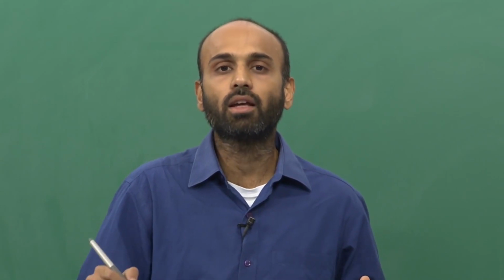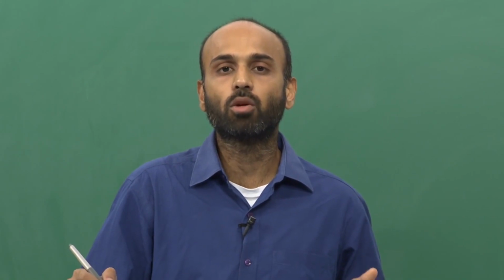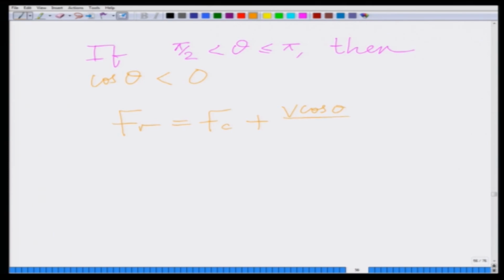On the other hand, if θ is greater than π/2 and lies between π/2 and π, that is if θ is an obtuse angle, if π/2 < θ ≤ π, then we have cosine θ less than 0, and therefore, Fr equals Fc plus V cosine θ by C times Fc.